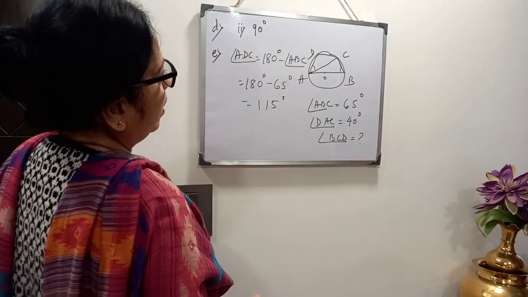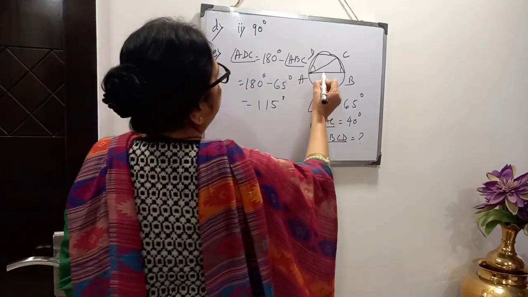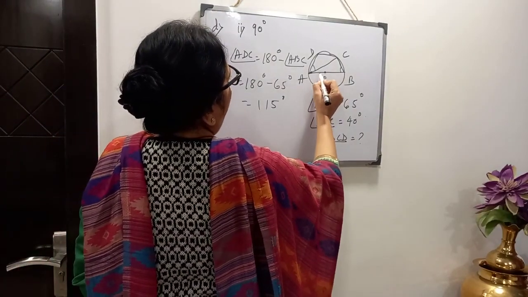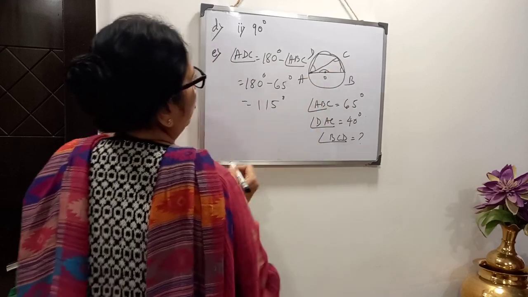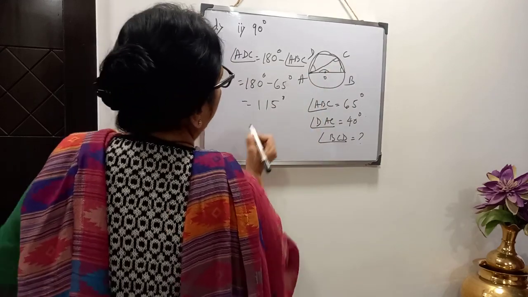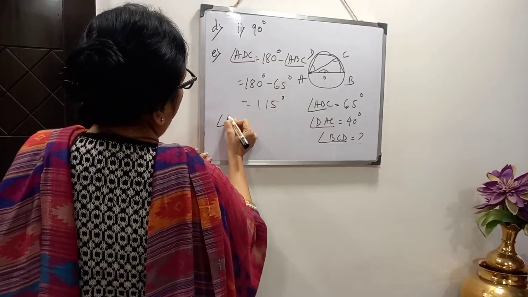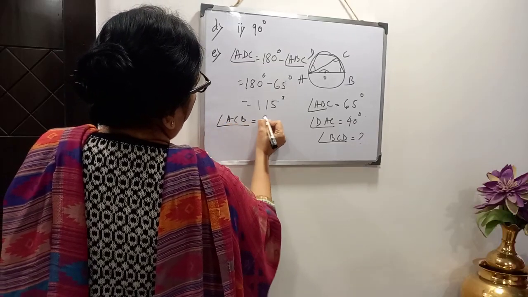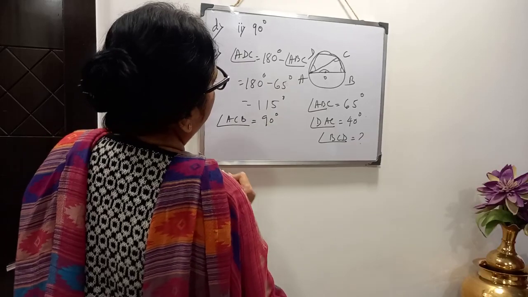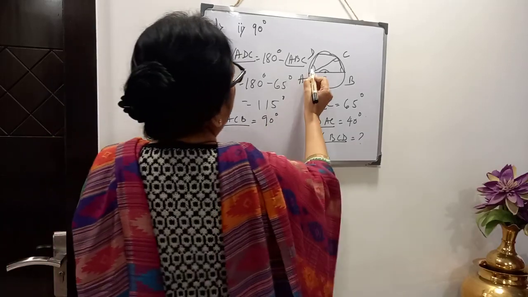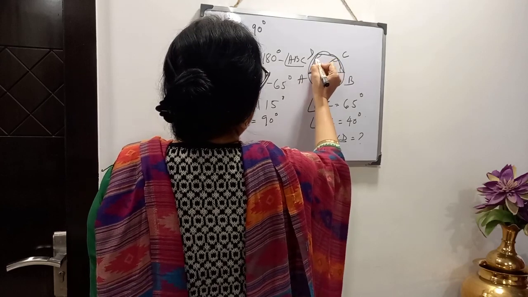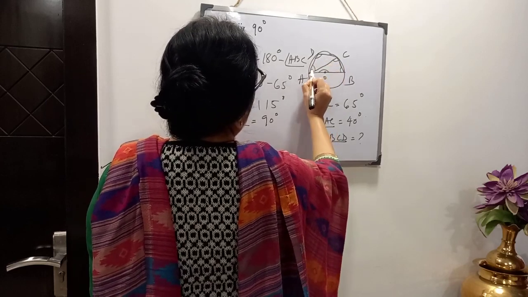And AB is the diameter. Again, I have told in the previous sum that the angle at the center is double of the angle at the circumference. So AOB is 180 degree. So ACB will be 90 degree, half of that. So we have got this. Now this is given 40 and we have got this. This we have got, this we have got.